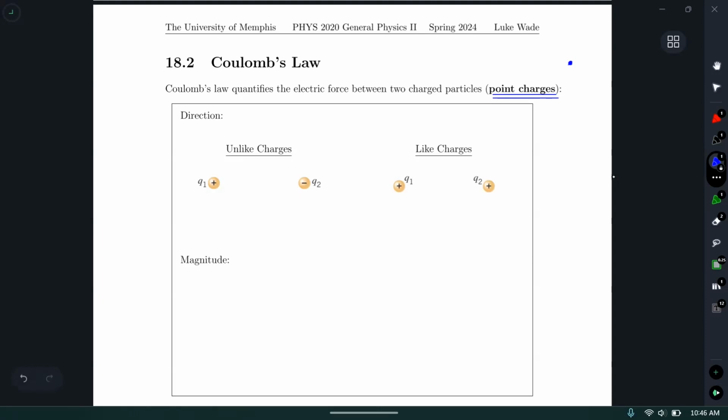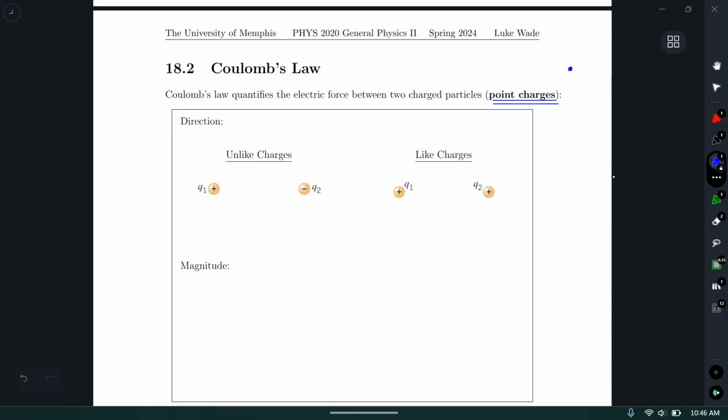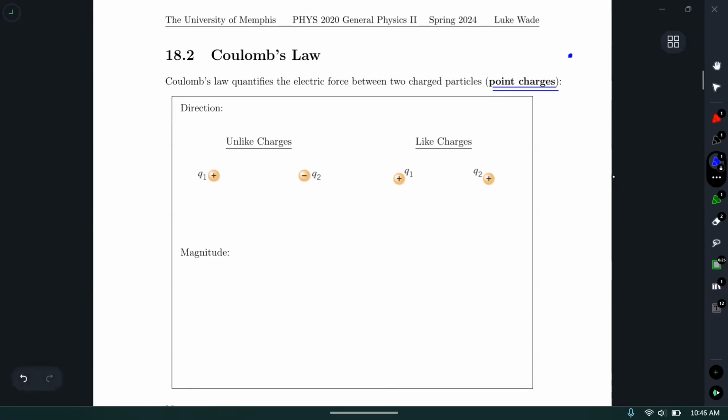All right, so for unlike charges, what do they do? They attract. Yeah. I'm going to draw a line between my two charges because that's the direction. You might call it the line of action of the force.